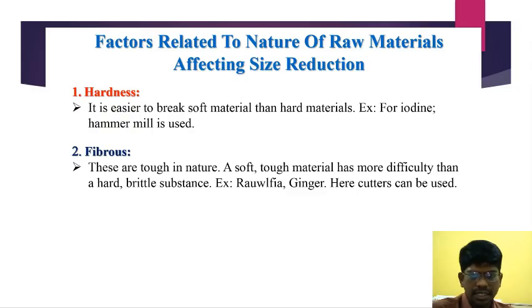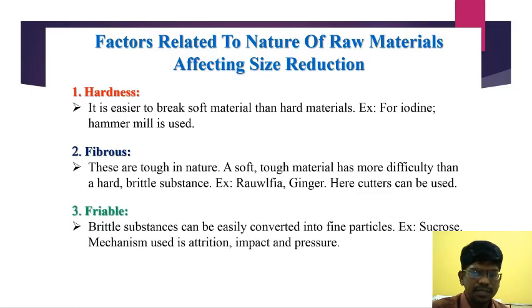These are tough materials and very difficult to handle. And next, friable: brittle substances which can be easily converted into particles, like sucrose. With mechanisms like attrition, impact and pressure, it can be done using smaller mills.